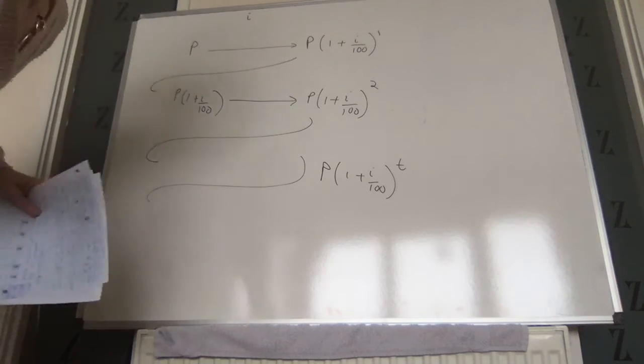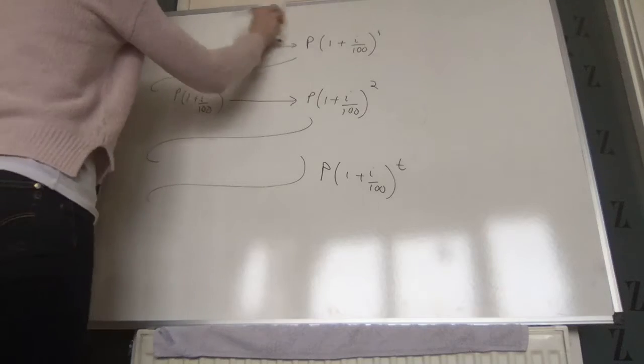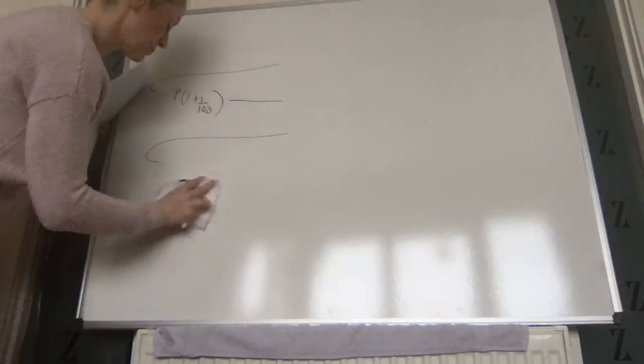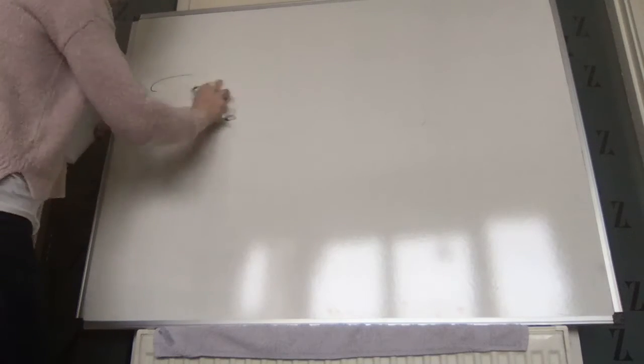Okay, now there are two things I'd like to look at now in terms of being able to calculate the present value and the future value of a sum of money.